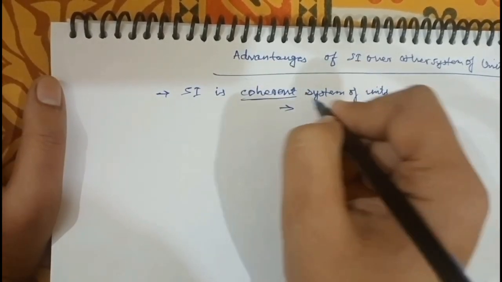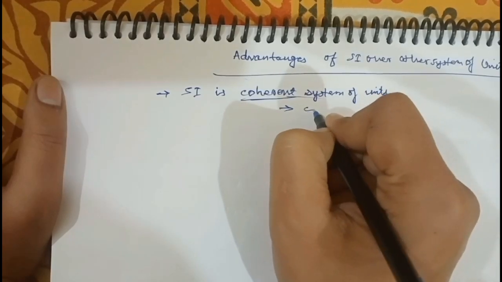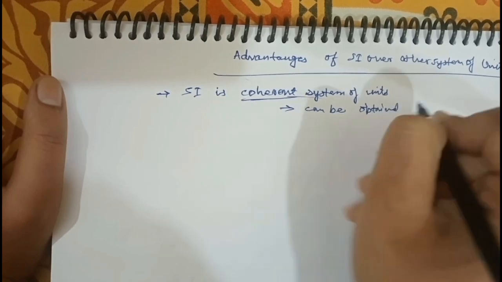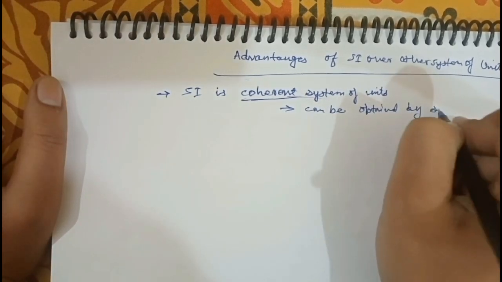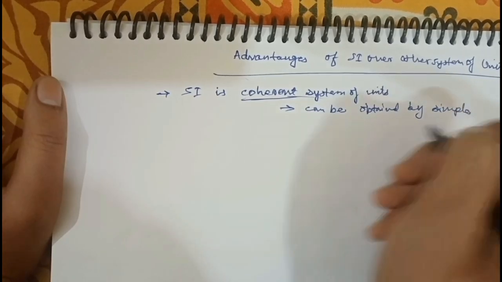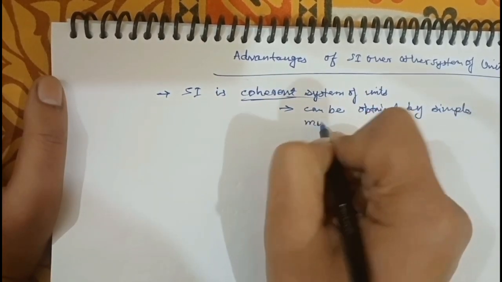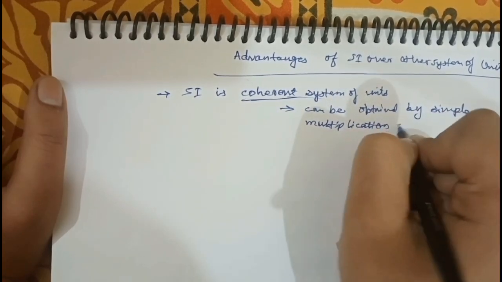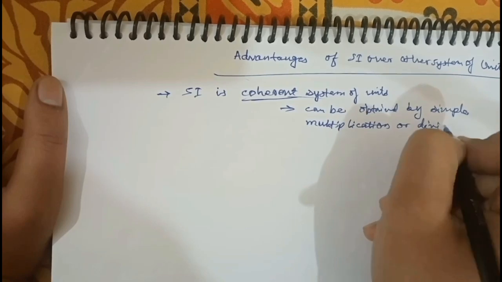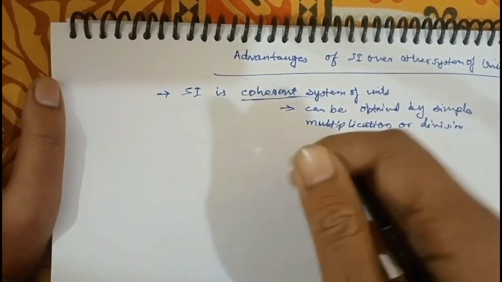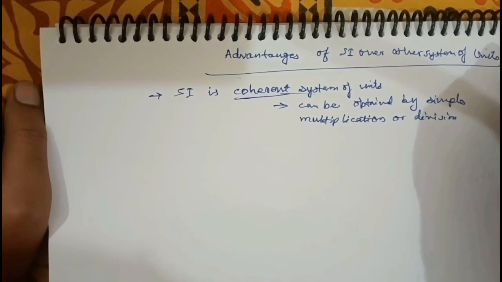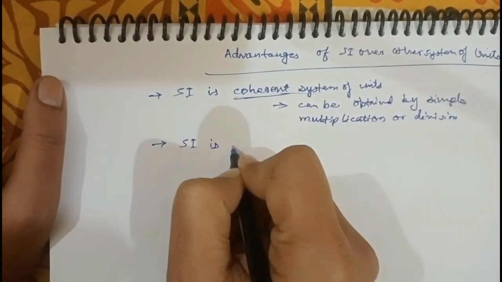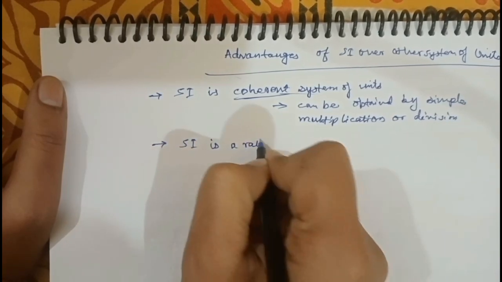Coherent means it can be obtained by simple multiplication or division of fundamental units. Another point is SI is a rational system of units.